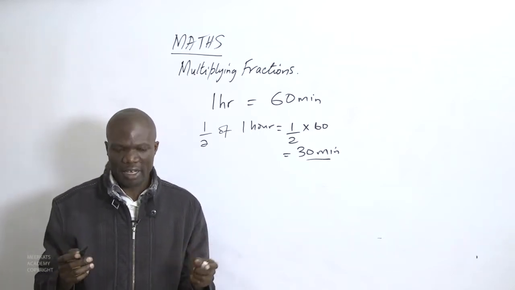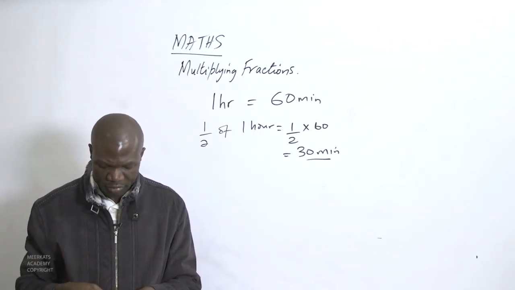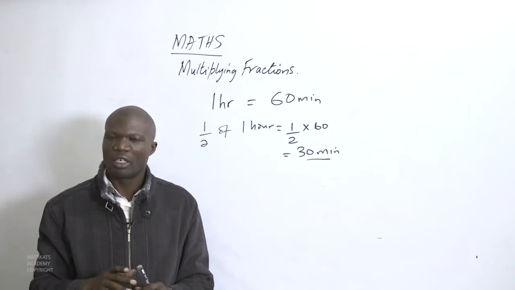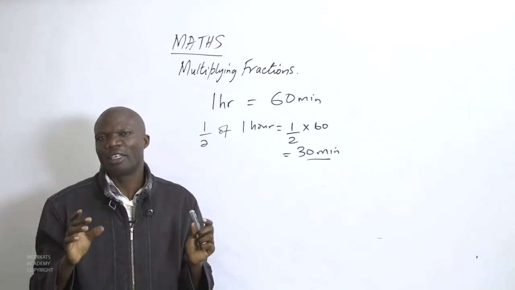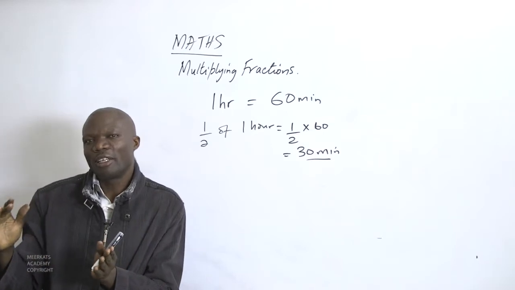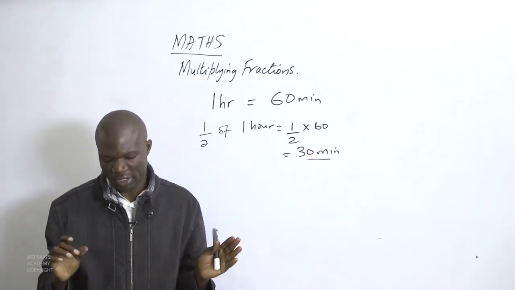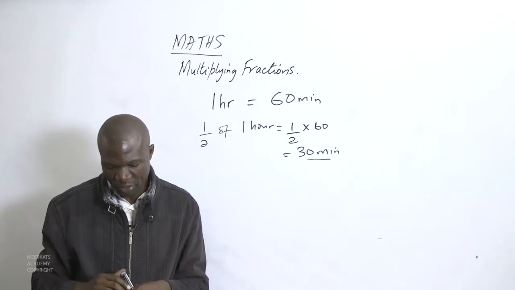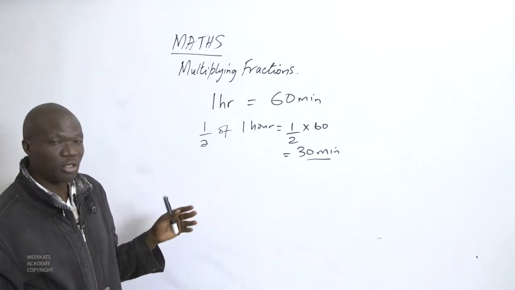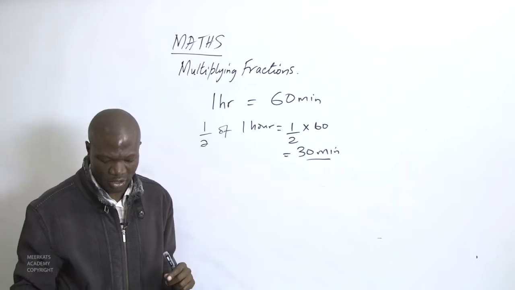So when you multiply a whole with a fraction, it reduces that whole into a certain fraction of a certain value. So we can look at a few examples about time and fractions.